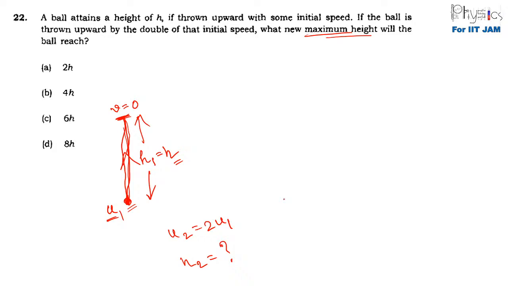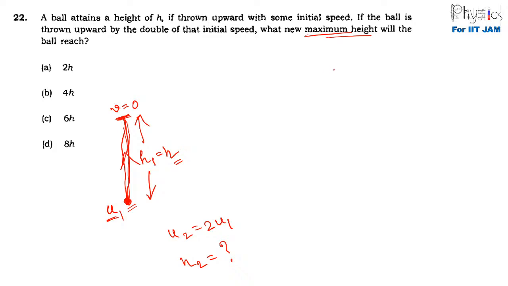Okay, Malaya is saying it is B, Shagoto is saying B, and Pooja's answer is A. Okay, let's see. First of all, which equation should we use?